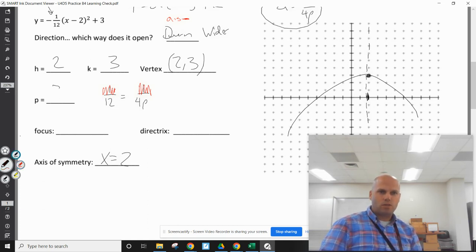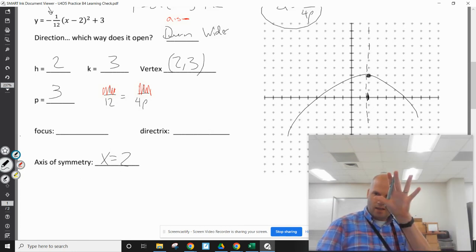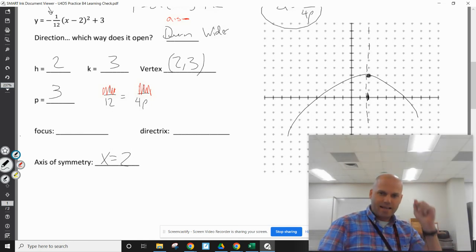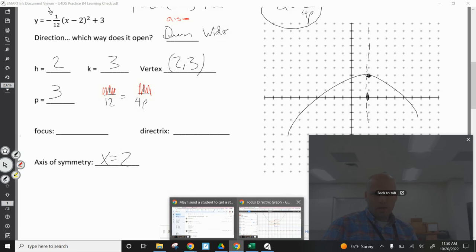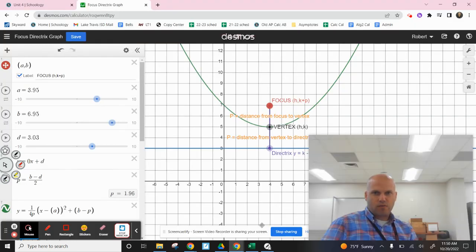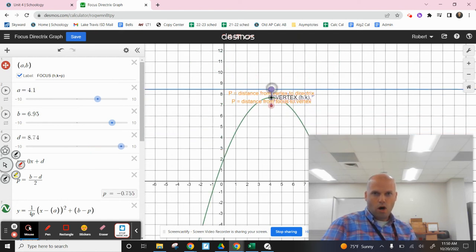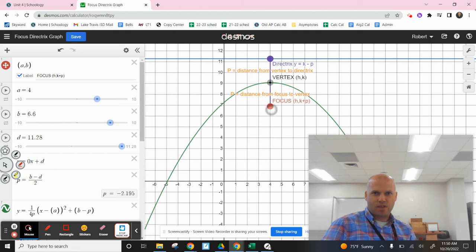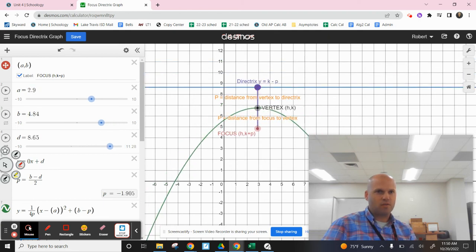Now, again, what do you know? This is the important thing that connects the Greeks and algebra. That is the distance from the vertex to the focus and the vertex to the directrix. Now I can move this so that we're exactly like the problem.